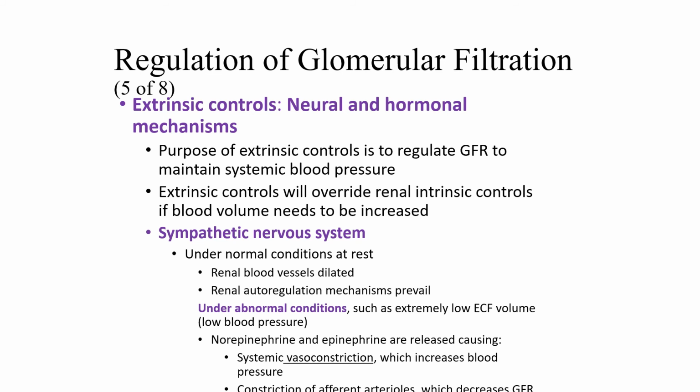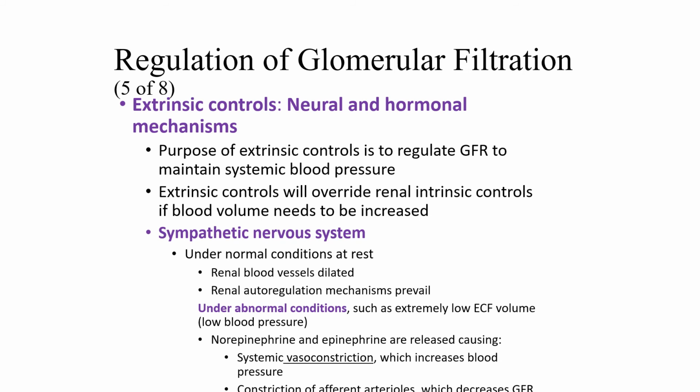Extrinsic controls, neural and hormonal. Remember that neural controls, we've got sympathetic and parasympathetic, and what we see with sympathetic is that blood is going to be shunted from the internal organs to the skeletal muscles in order to fight or flight.